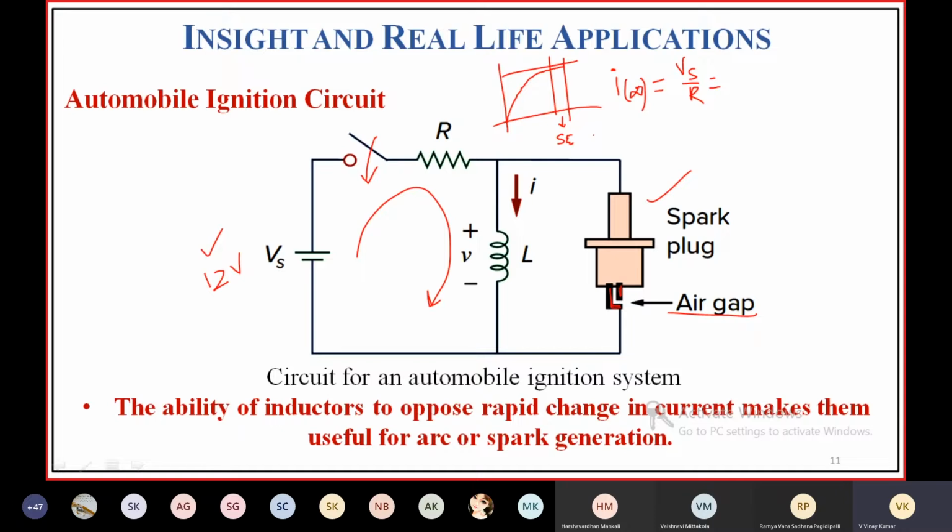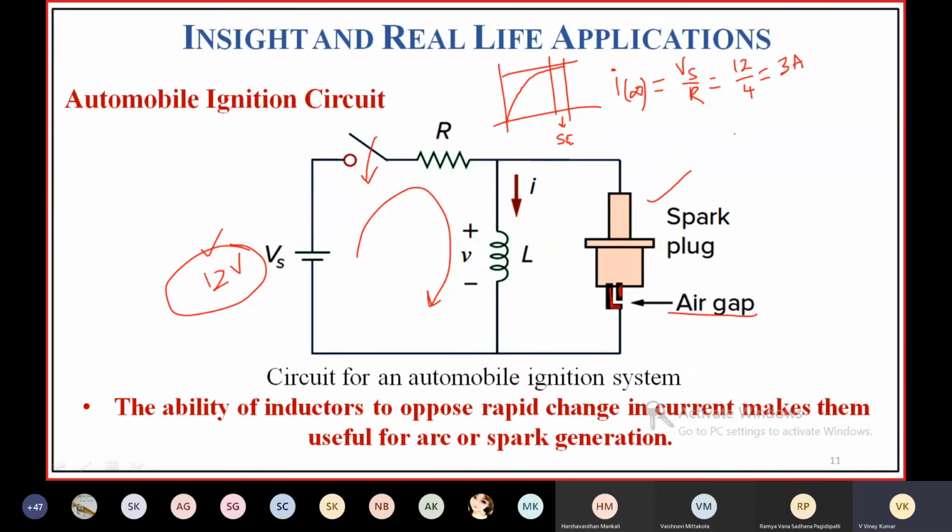Let me use some 4 ohms. So what is the steady state current? 3 amps.